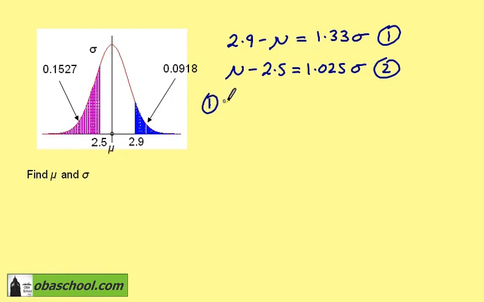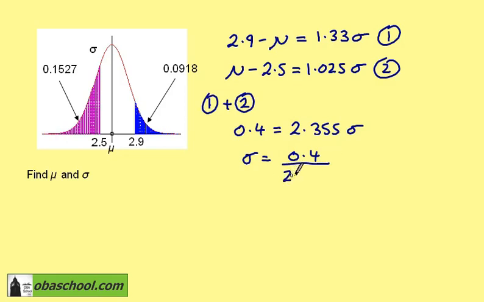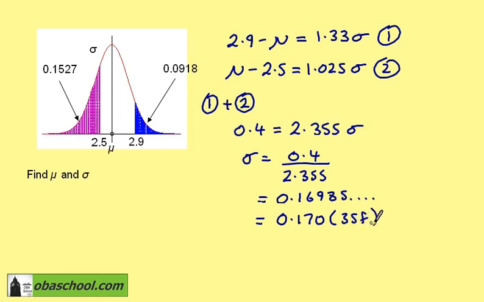If we add the simultaneous equations, 1 plus 2, the mu's will cancel, and on this side we get 0.4, and adding these two gives me 2.355 sigma. So sigma is 0.4 divided by 2.355, and this gives us 0.16985 and so on, or 0.170, correct to 3 significant figures.